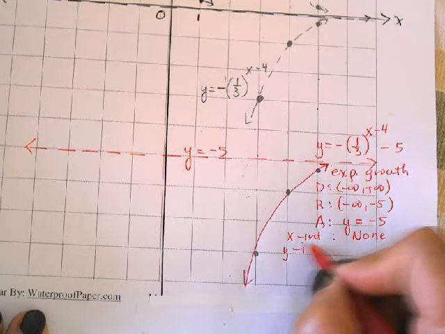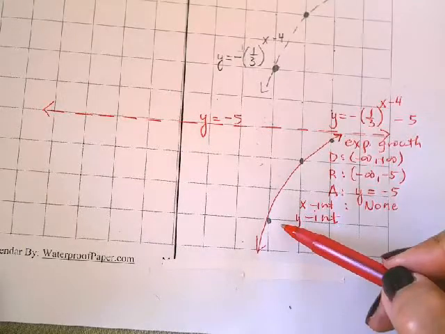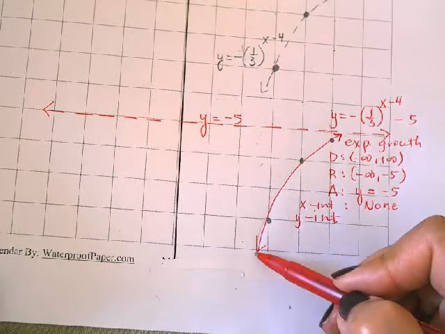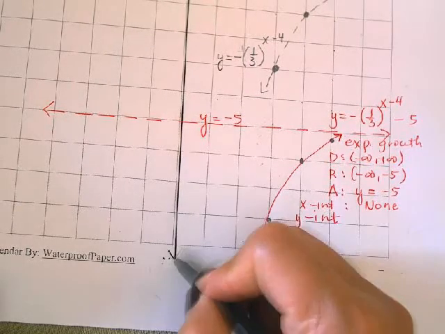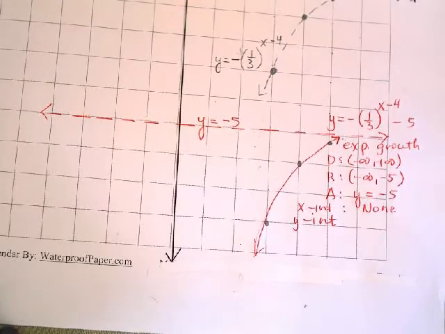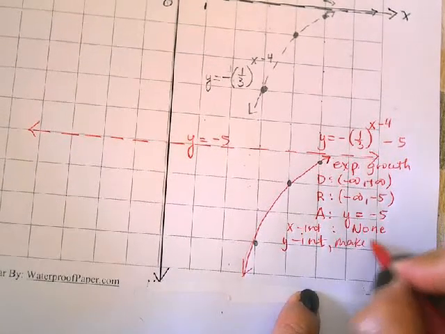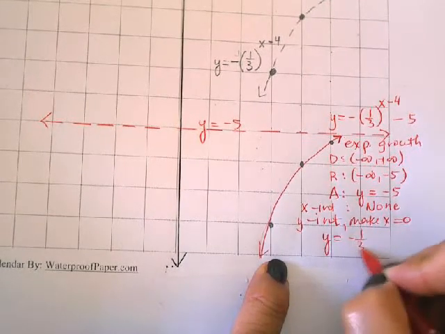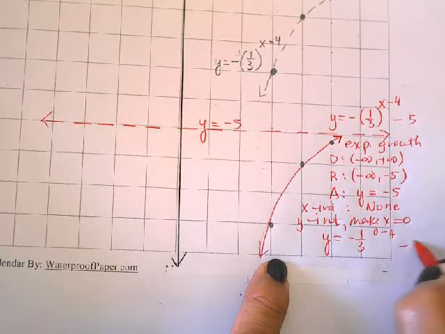Y-intercept. Can we see our y? Will there be a y-intercept? If we continue this graph, we're going to hit the y-axis somewhere along the space. If you cannot see it, then you have to calculate your y-intercept. How do you find your y-intercept? Make x equals 0 in the equation, so y equals -1/3 raised to 0 minus 4, minus 5.